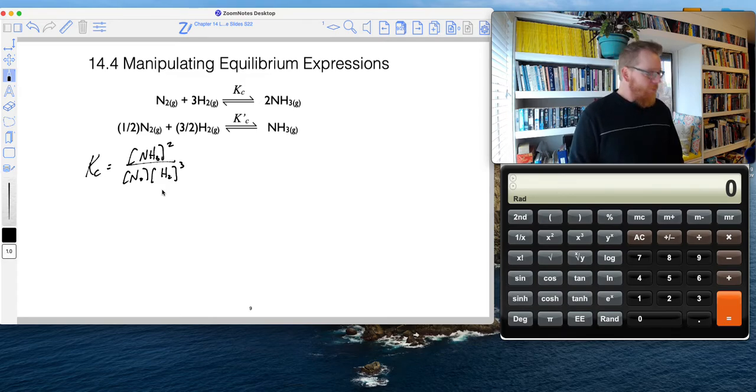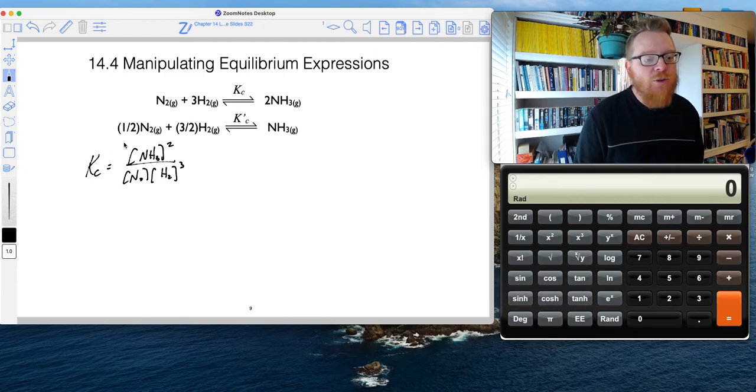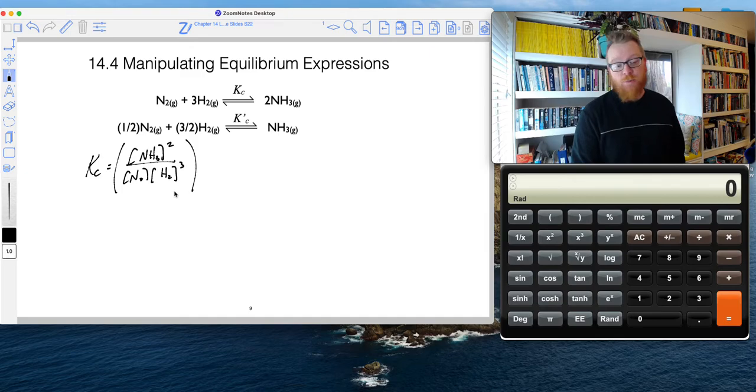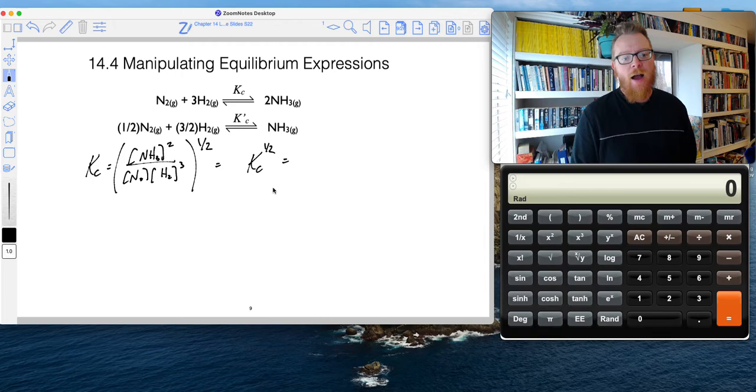Now I want to point something out. If I were to take the square root of this whole expression, so raise this to the 1/2 power, what happens? Well, of course, I'm going to get Kc to the 1/2 power. And so that all equals the following.